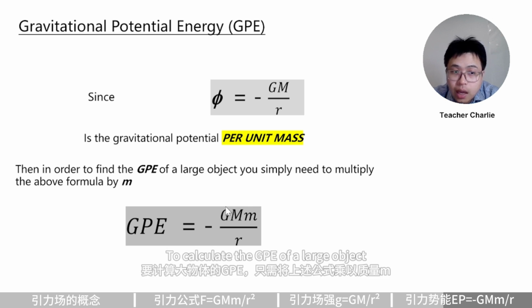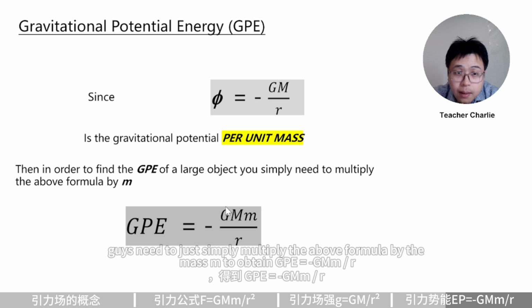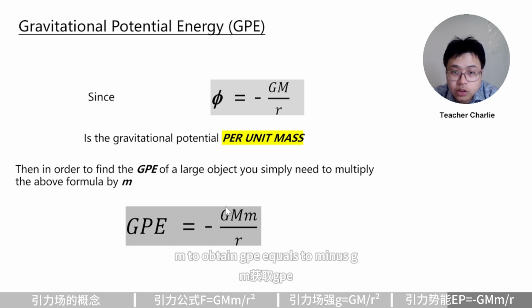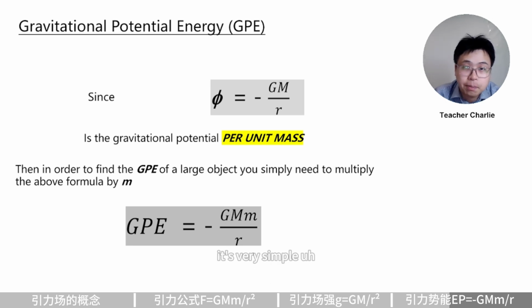So to calculate the GPE of an object, what you need to do is simply multiply the above formula by the mass m to obtain GPE equals minus GMm divided by r, right? Very simple.